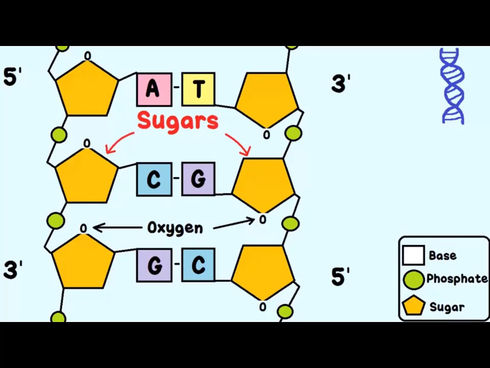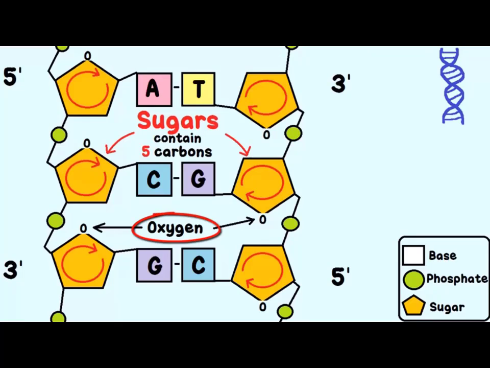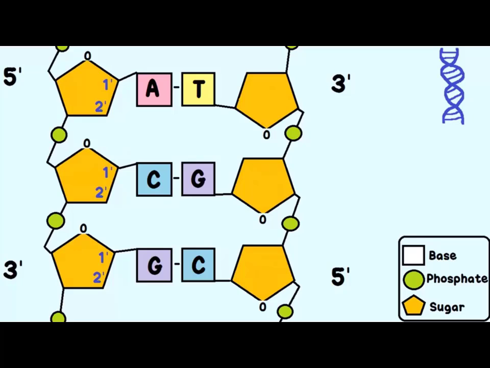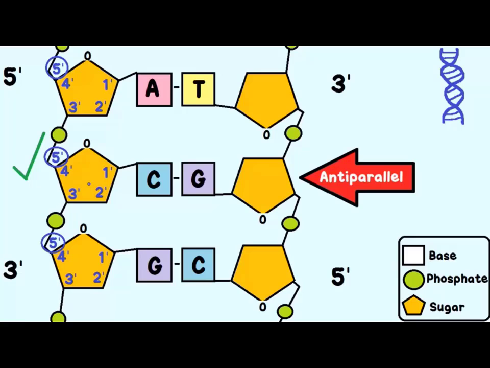Well, the sugar of DNA is part of the backbone of DNA. It has carbons. The carbons on the sugar are numbered right after the oxygen in a clockwise direction: 1', 2', 3', 4', and 5'. The 5' carbon is actually outside of the ring structure. Now you do the same thing for the other side, but keep in mind this strand is flipped, just because DNA strands are anti-parallel to each other.